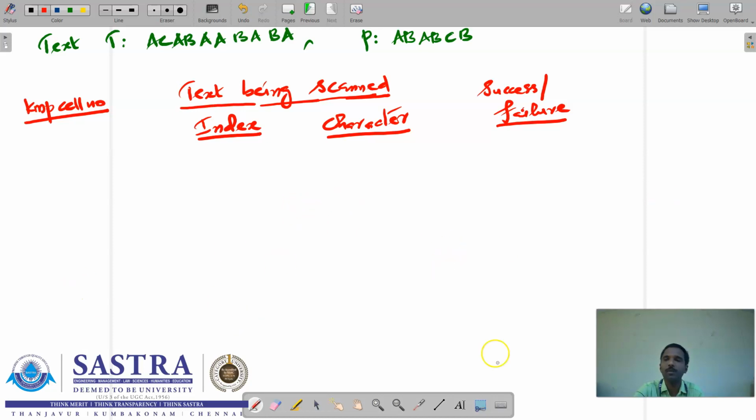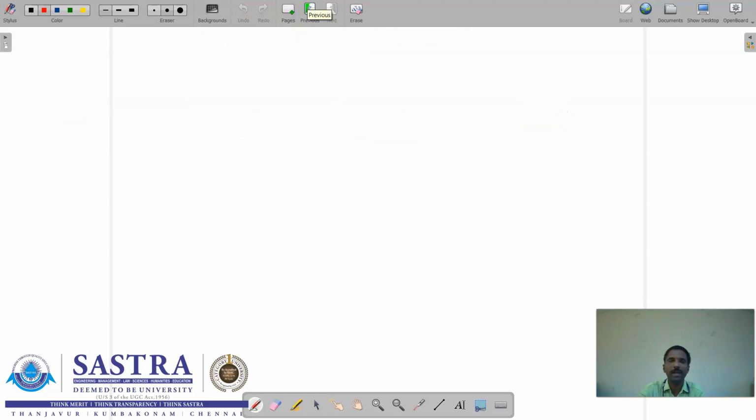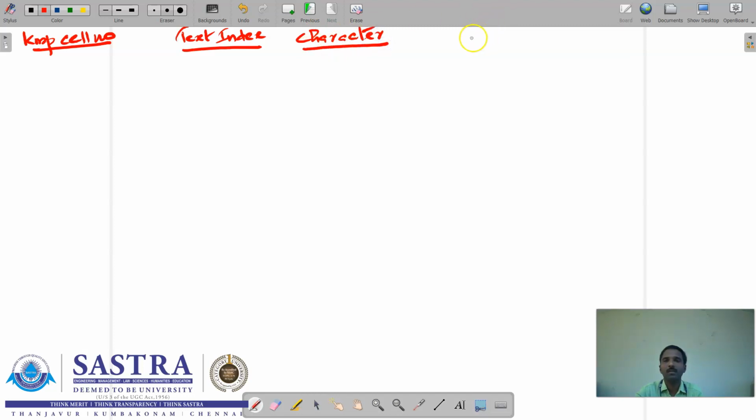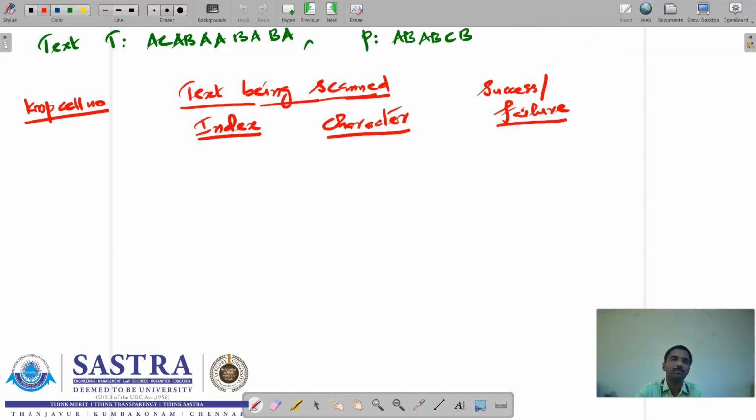It takes 2 pages. So let me write the table header on the next page also: KMP cell number, then text index, then equivalent character, then the last column that determines the success or failure, and we need to execute that step.